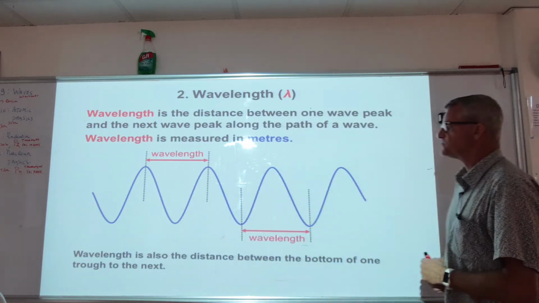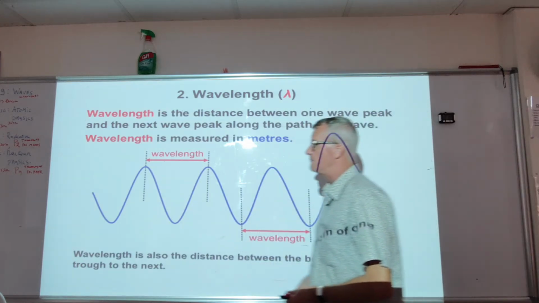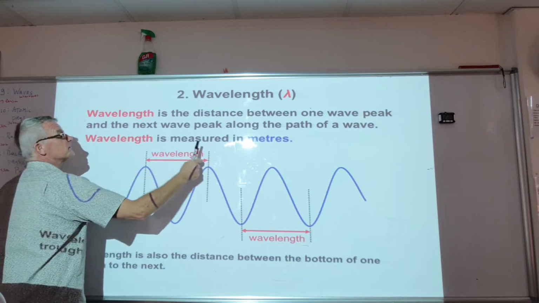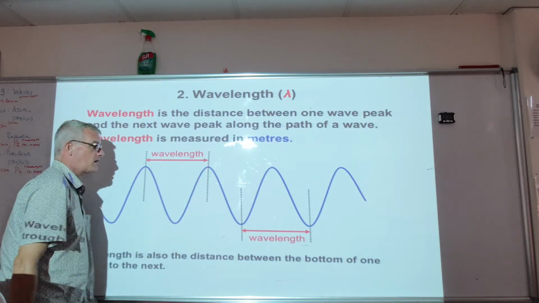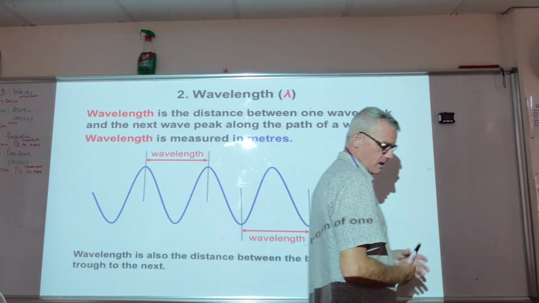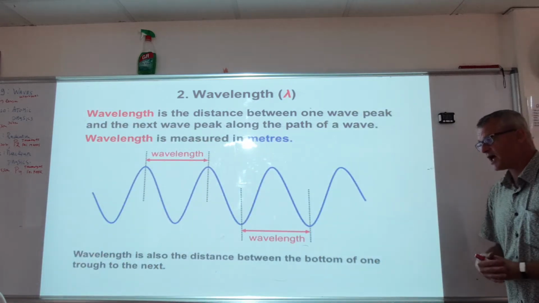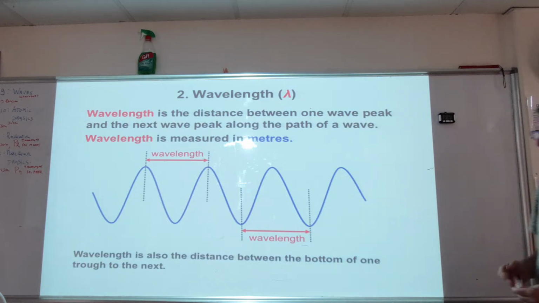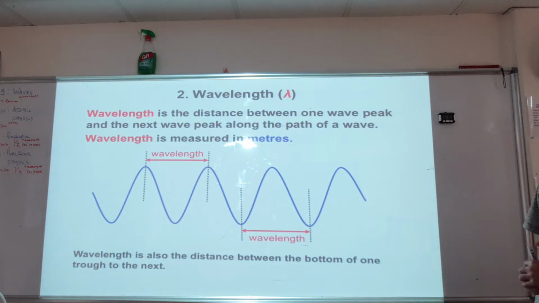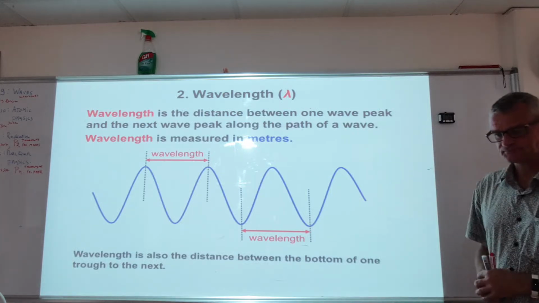You could describe it from crest to the next crest, or from trough to the next trough. And this is how we describe the wavelength. It's a distance in meters. Make a note of that, and then we move on.